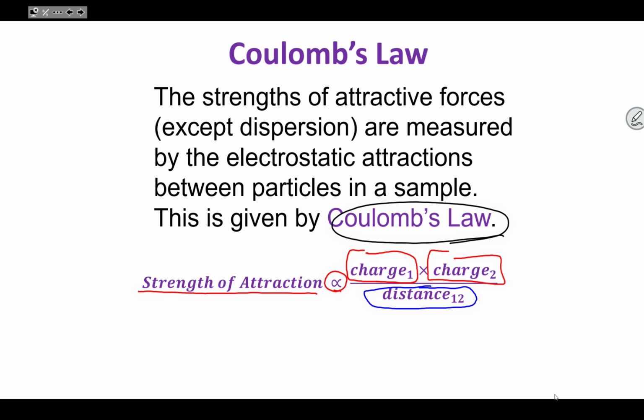So as the magnitude of these charges increase between these oppositely charged particles and the distance decreases, this strength is going to be stronger. So this is the reasoning behind the relative strengths of attractive forces.